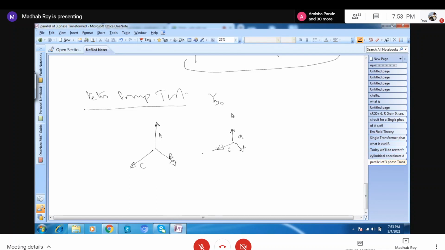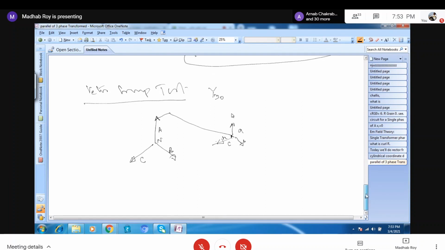So windings. What we can do is make this one line to neutral. So this is called the neutral. This is also called the neutral. Then how to superimpose this? If we do this, then this will form the voltage like this.